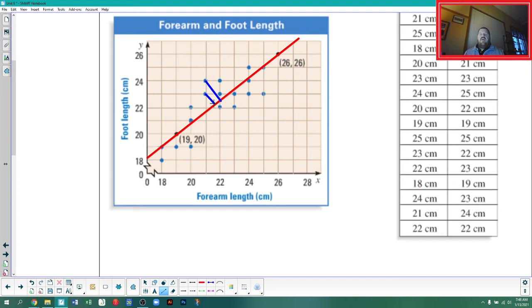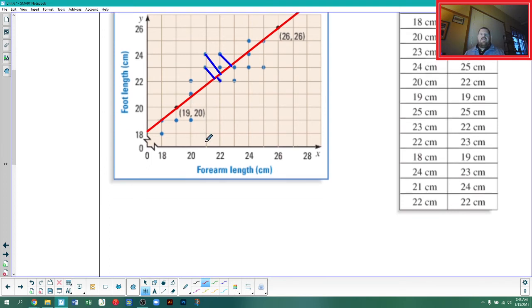Like, how far away are these, and how can I minimize that as best as possible? Okay, how can I minimize all these little distances between the points? And again, that's kind of the formal way to look at it, and we are looking relatively informal through this process. So let's go ahead and pick those 2 points and see what we can come up with.